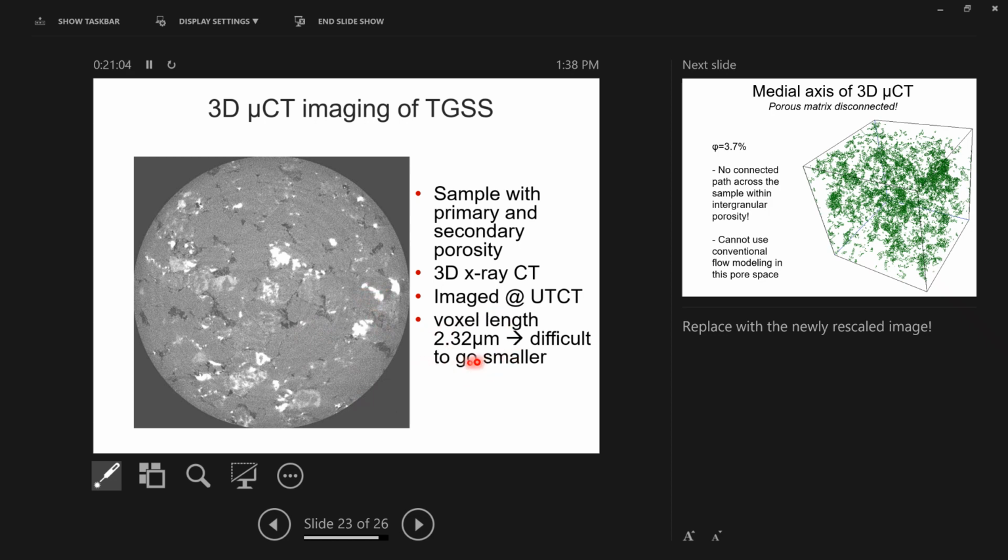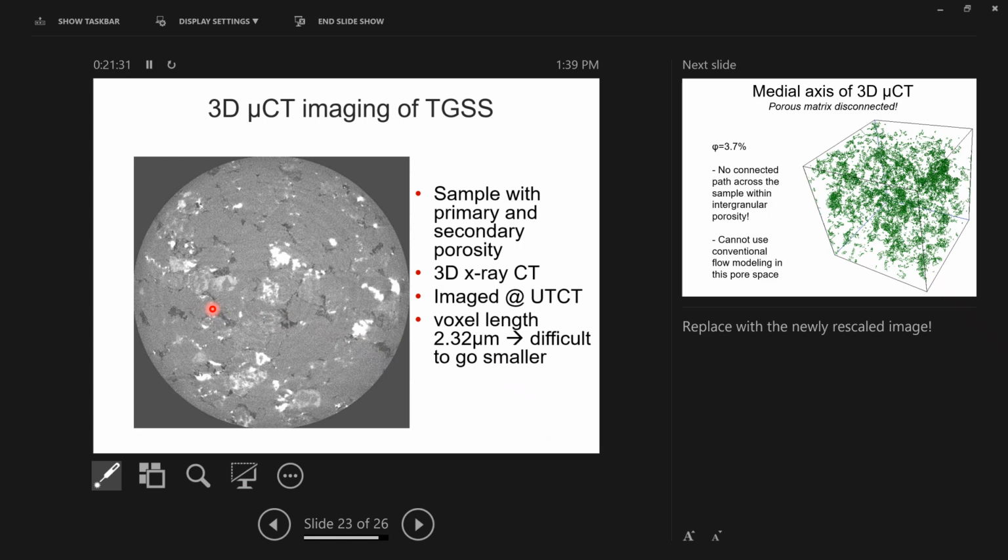And this was imaged at 2 micron. It's quite hard to go smaller than that. If I were to identify pore spaces here, there would be a small fraction of them, and with that small fraction, it's hard to get connectivity across 3D. So at this resolution, it's hard to see whether it actually connects.